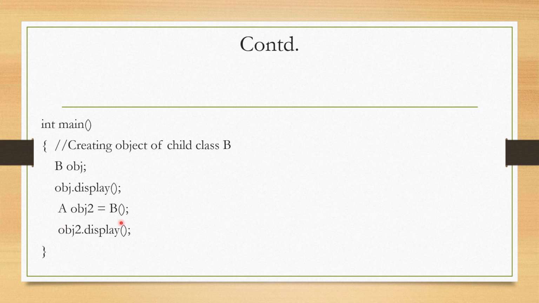So basically this is the way we are going to do it. This is your base class, and this is your reference object 2 equal to this is your derived class. So now with the help of object 2 we are going to call display. So it will be basically the display of your base class, right?